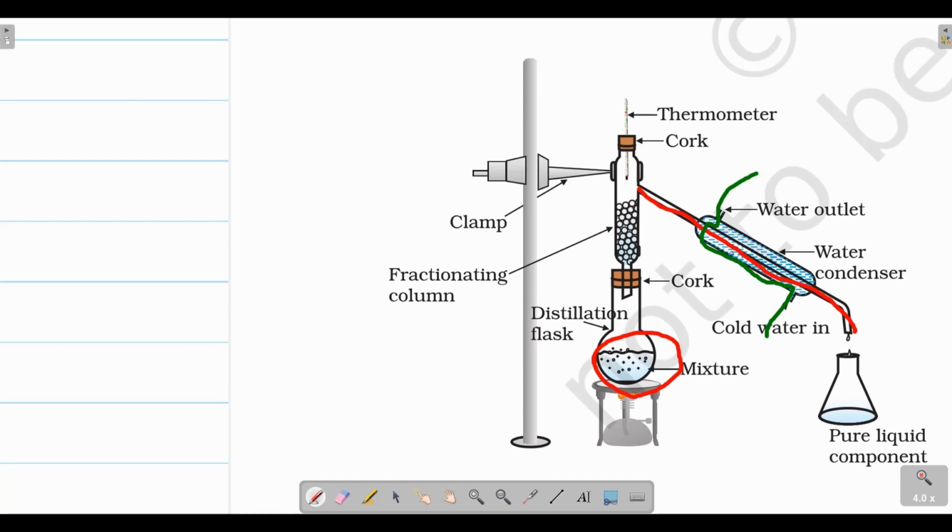When this cold water absorbs the heat, what will happen? The vapor present in this glass tube will get cooled down, condense, and be converted into the state of liquid. It is very similar to distillation. The only difference is that a fractionating column is added to the distillation apparatus.